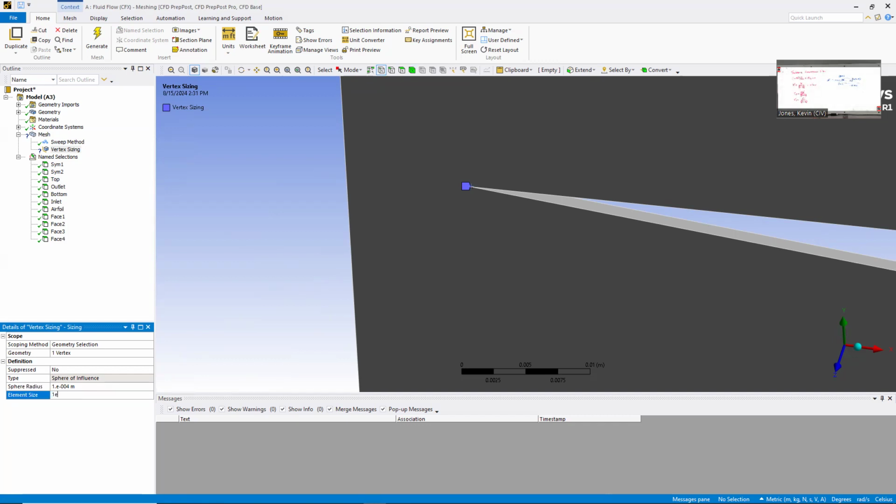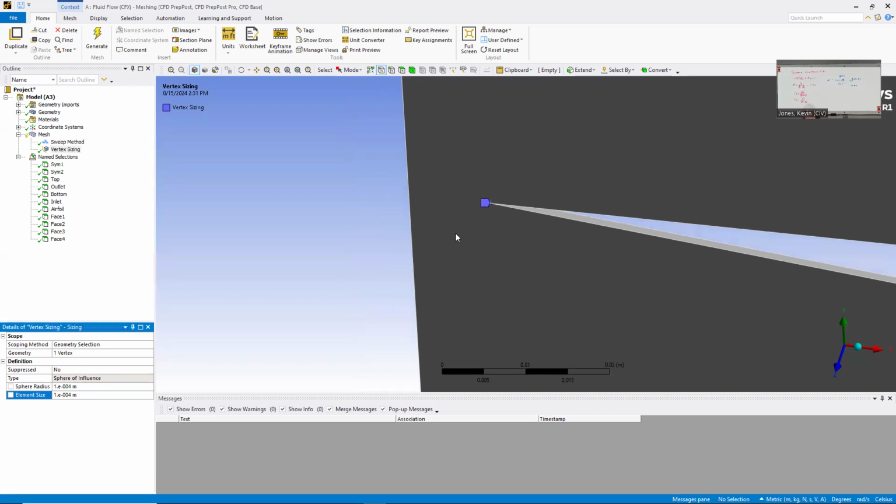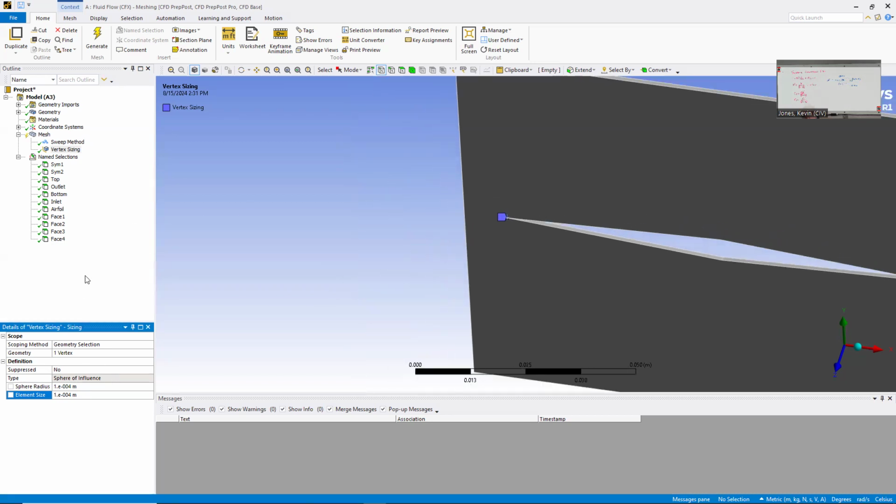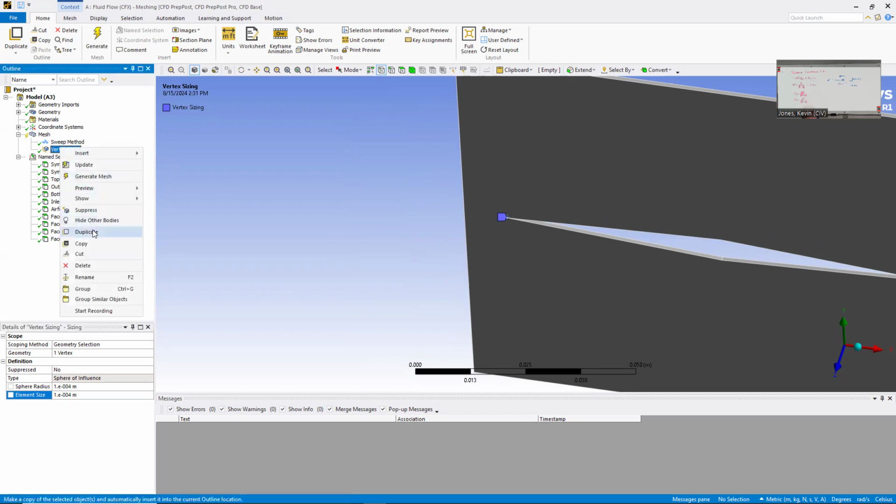It doesn't seem to help. In fact, it seems like the solution gets worse if you get too aggressive, making these things tiny. But feel free to play around. Unfortunately, sphere of influence is one where you can't grab more than one vertex. So you have to actually recreate this for each one. But they do have a duplicate feature.